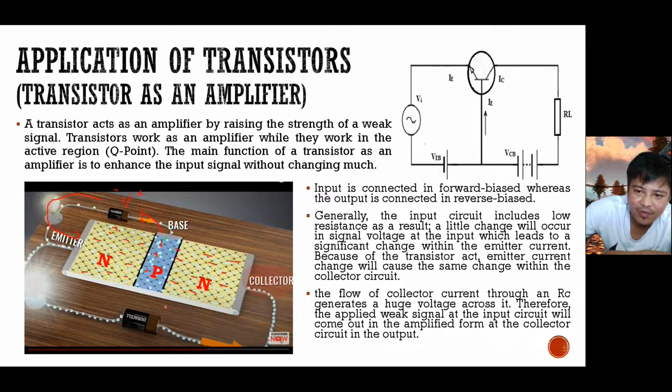Dahil meron tayong additional source here na mas malaki ang value kaysa dito sa ating initial source. This is positive. That is why i-attract na siya lahat ng negative, ng lahat ng electron charge carrier here. That is why mapaplus siya sa ating initial current here na magpo-produce ng mas mataas na current na magpo-continue na yung loop.